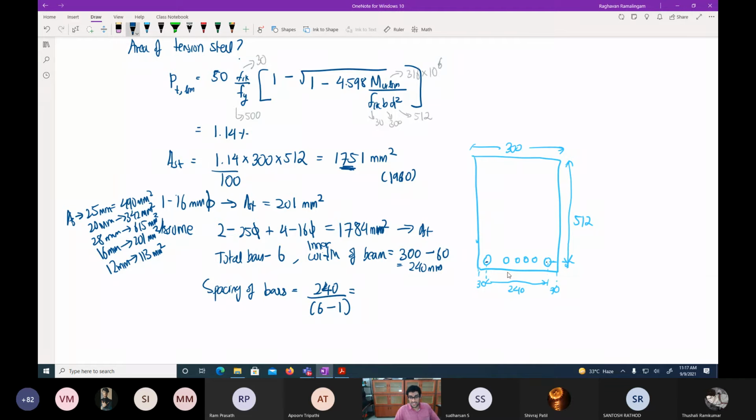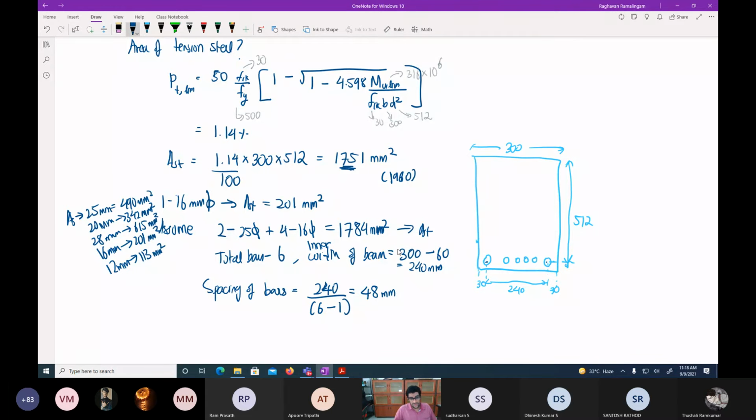So the 6 bars spaced equally within a distance of 240 will be given by this spacing, 240 by 6 minus 1. So how much do you get for this? 48, sir. Yes, 48 mm.